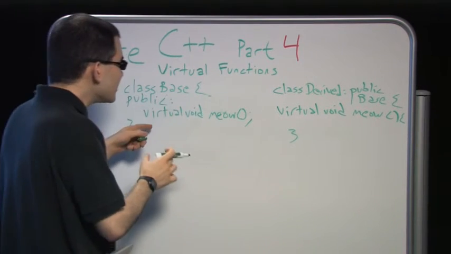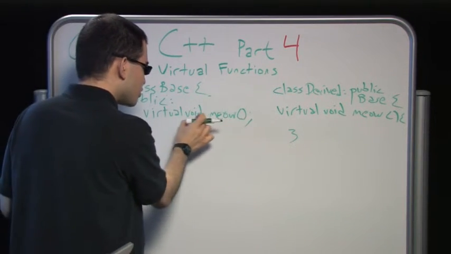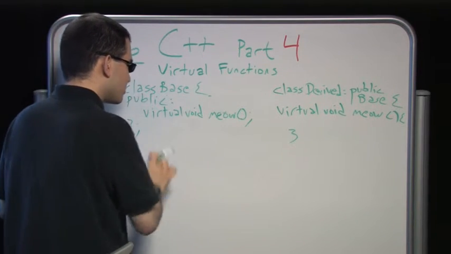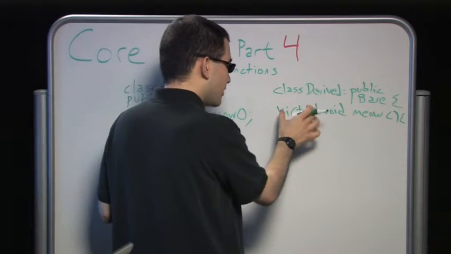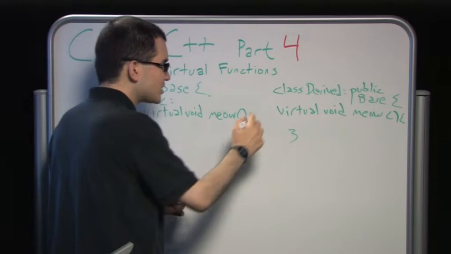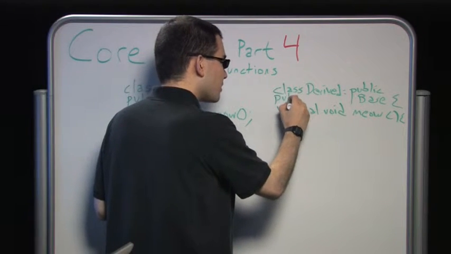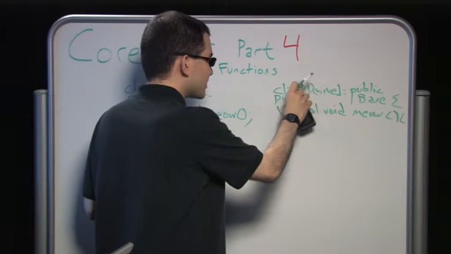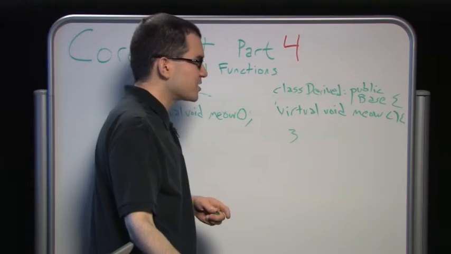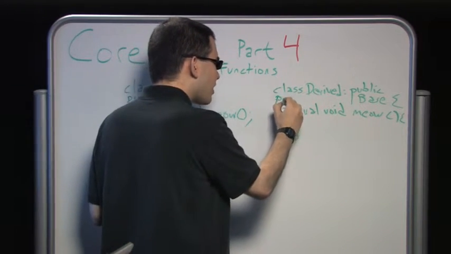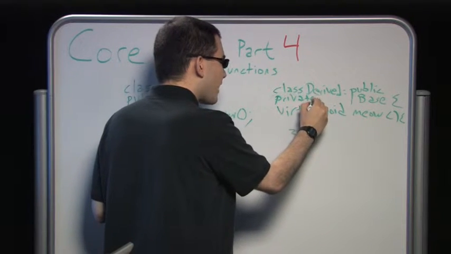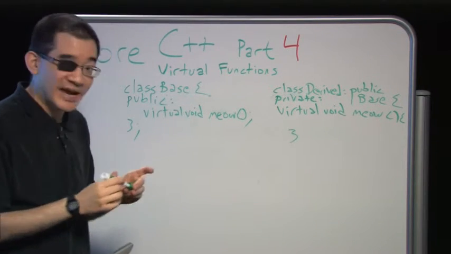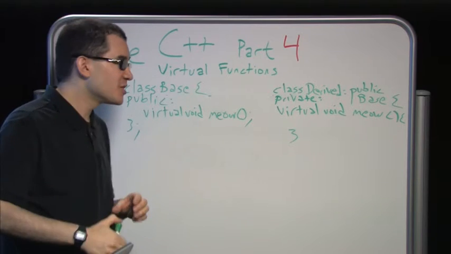And this, because it matches the exact same signature, it takes nothing and returns void, and it's marked as virtual in the base class, this could either be public, and it will override. This is the case that everybody knows. Or I could mark it as protected, or I could even mark it as private. And it will still override, because access control and virtual functions are orthogonal.